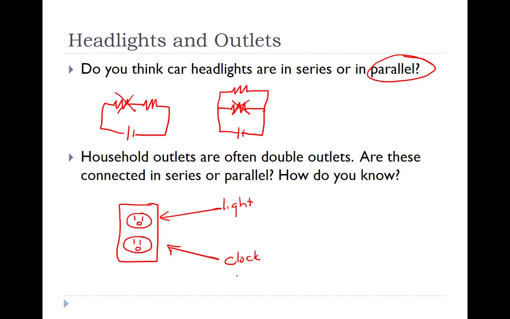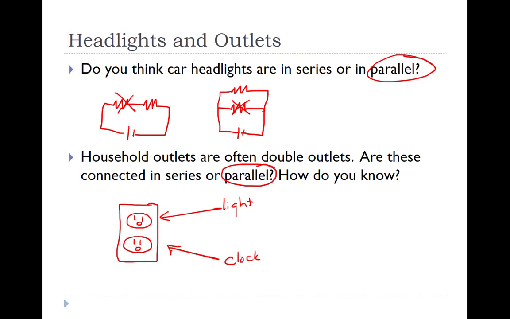It's still going to keep time, even if it doesn't have battery backup. Therefore, these are also in parallel. Most everyday things that you encounter are in parallel for this reason. I can turn one off without affecting the other.